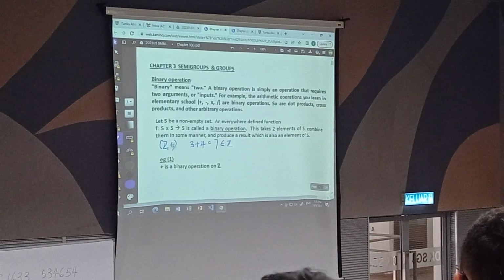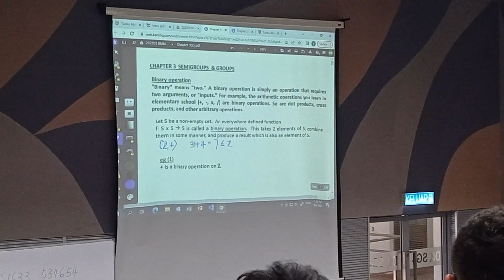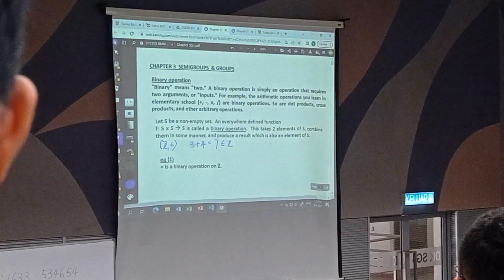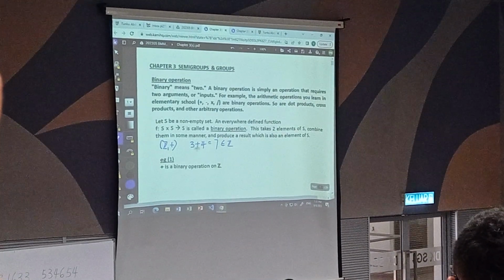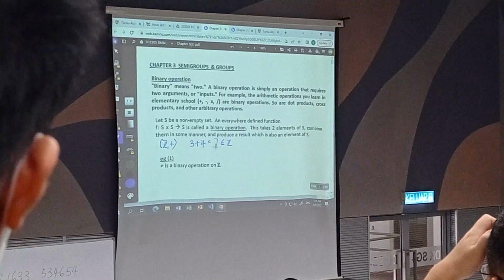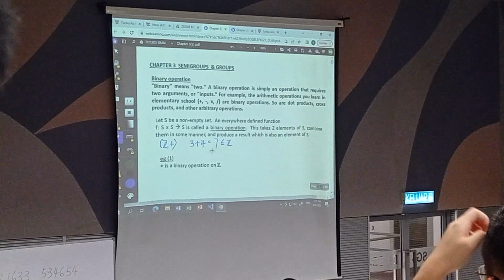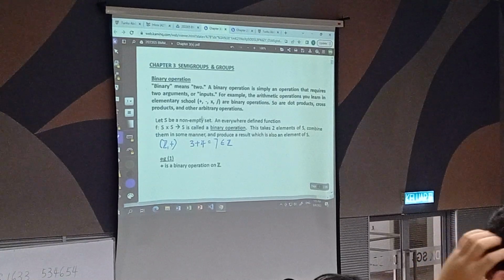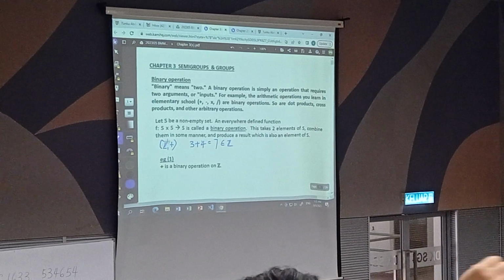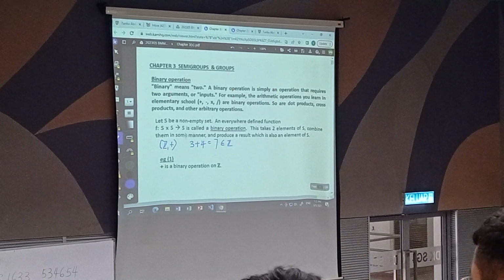It is a valid binary operation in this case because the answer after we operate on any 2 numbers from the set of integers is also an integer. So in this case, we will say the binary operation here with the set given is a valid binary operation.